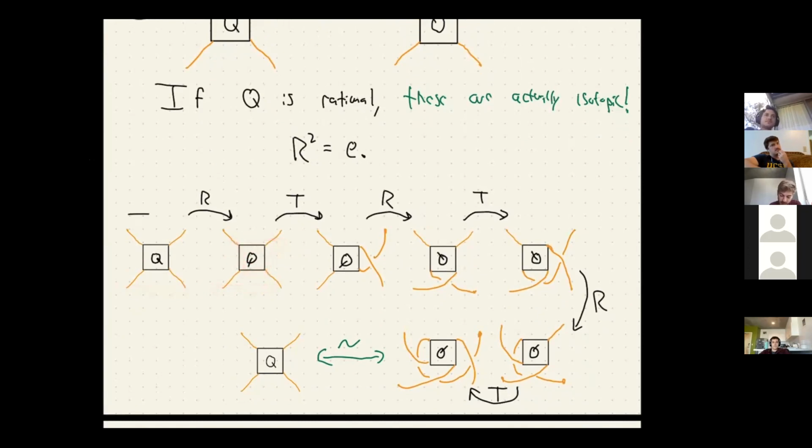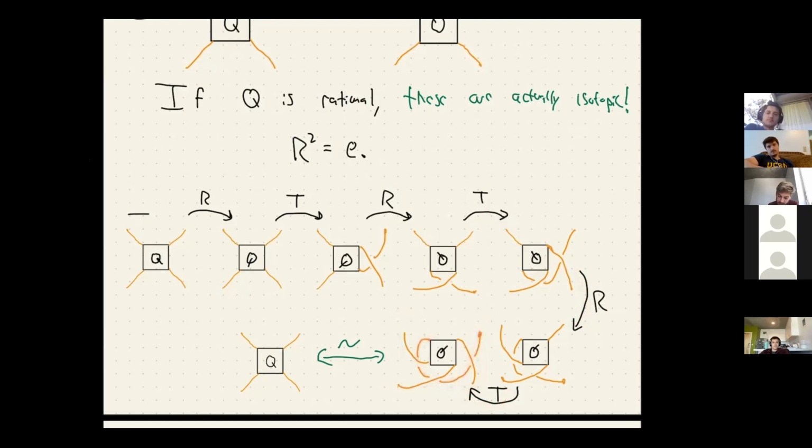And then we do a twist, and we get this. Do another rotate, end up with this, another twist, another rotate, and another twist, and we end up with this thing. And now you can see that there's this strand going from this corner all the way under all of these strands up to this corner.